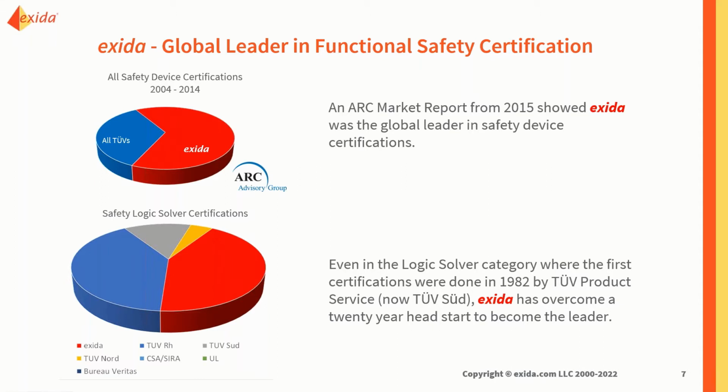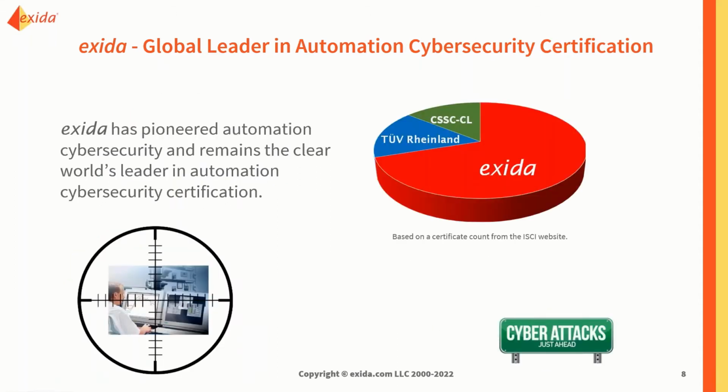And other than that, we are also a global leader in pushing for the automation cybersecurity certifications. And we actually team up with the ISA to push for these kinds of cybersecurity certifications for industrial applications.